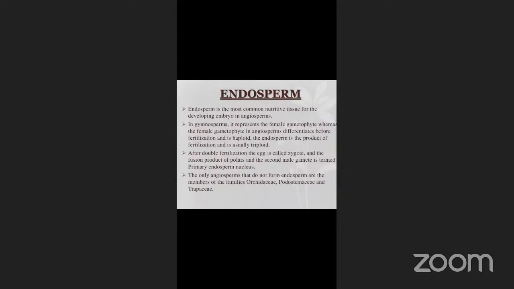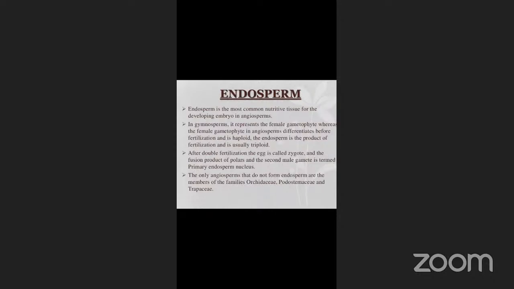Then another male gamete also goes and fuses. That is why it is the triploid, 3N condition. Triploid nuclei form the endosperm. Endosperm is a nutritive tissue and always shows the 3N condition.